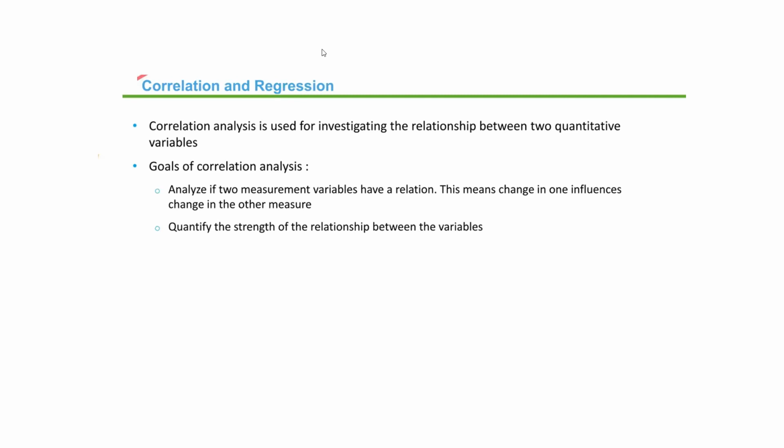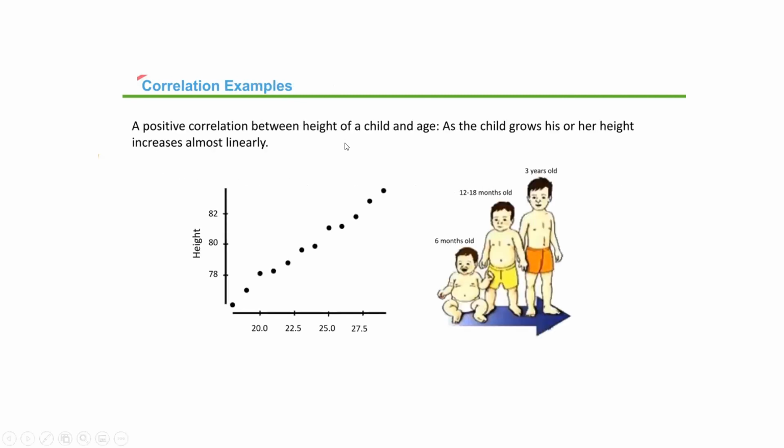It quantifies the strength of the correlation between the variables. We'll try to understand that. So here is an example of positive correlation. If you take babies, as the age of the babies is increasing, the height of the babies increases. The age of the babies is on the x-axis, the number of months, how old they are in months, and on the y-axis we have the height.